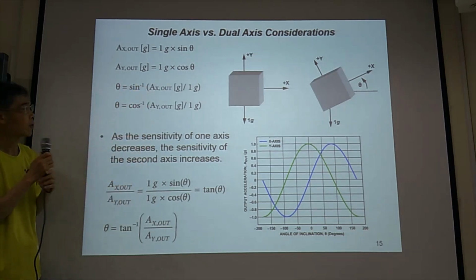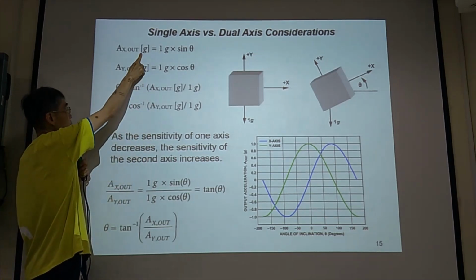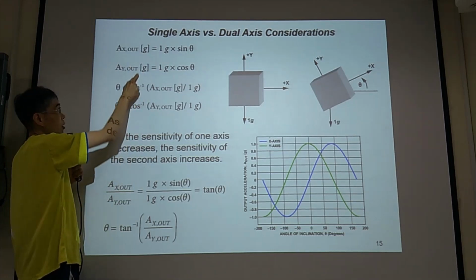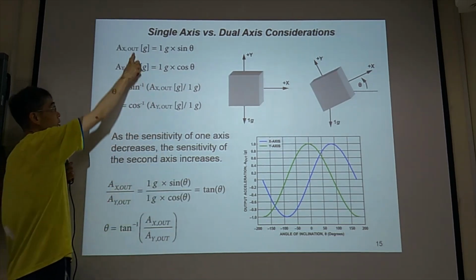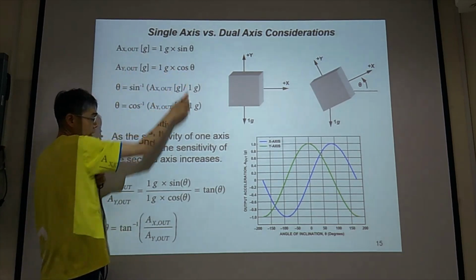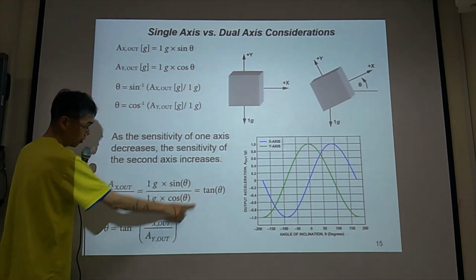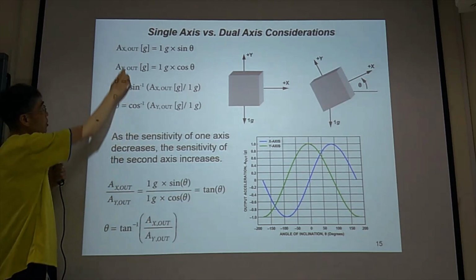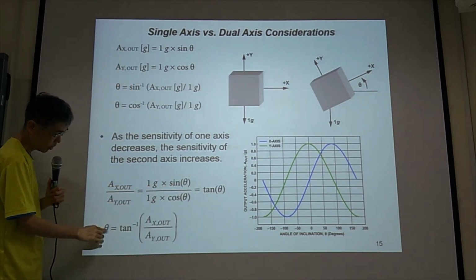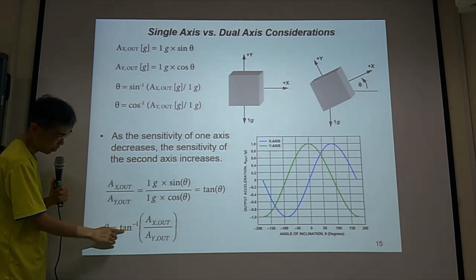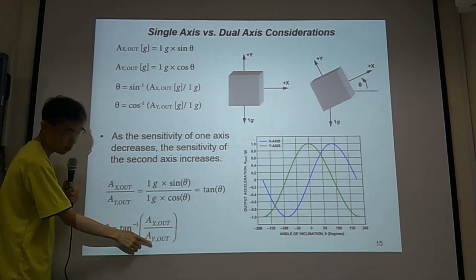But we can combine these two: sine over cosine becomes tangent theta. So AX out divided by AY out equals tangent theta, and theta equals arctangent of AX out divided by AY out.